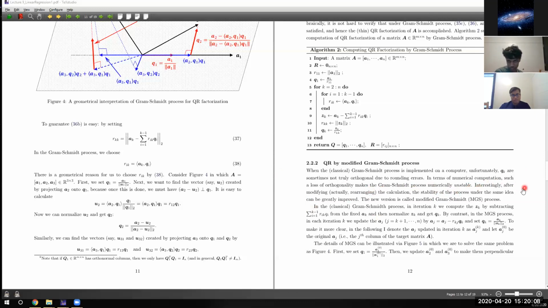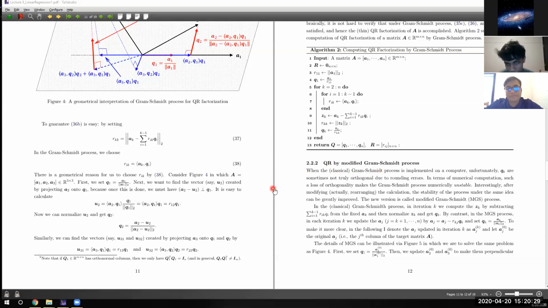An interesting thing is that after a very, very simple modification, this issue is greatly improved. And until today, many apps or software calculating the QR, I believe MATLAB is one of them, calculate QR using the modified Gram-Schmidt method.